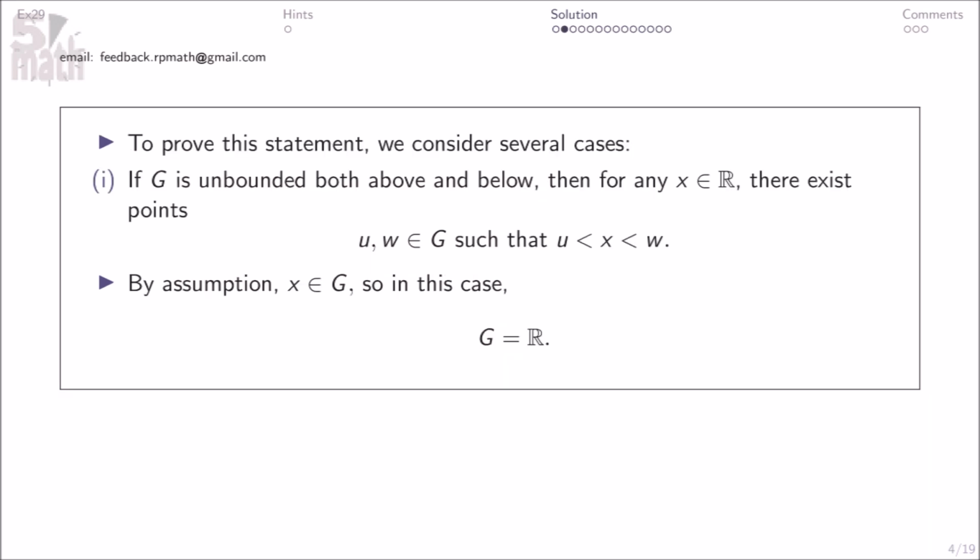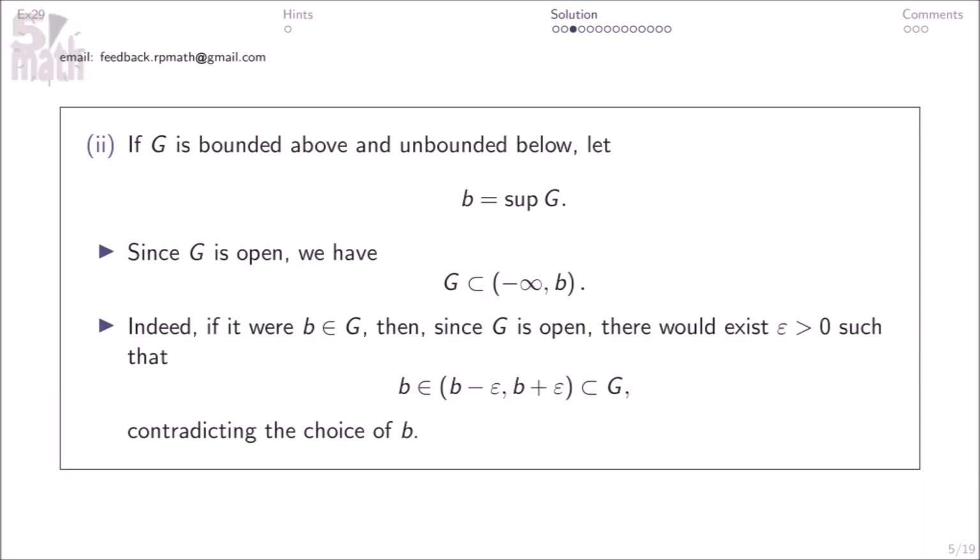To prove this statement, we consider several cases. I. If G is unbounded both above and below, then for any x in R, there exist points u, w in G such that u less than x less than w. By assumption, x in G, so in this case, G equals R. II.